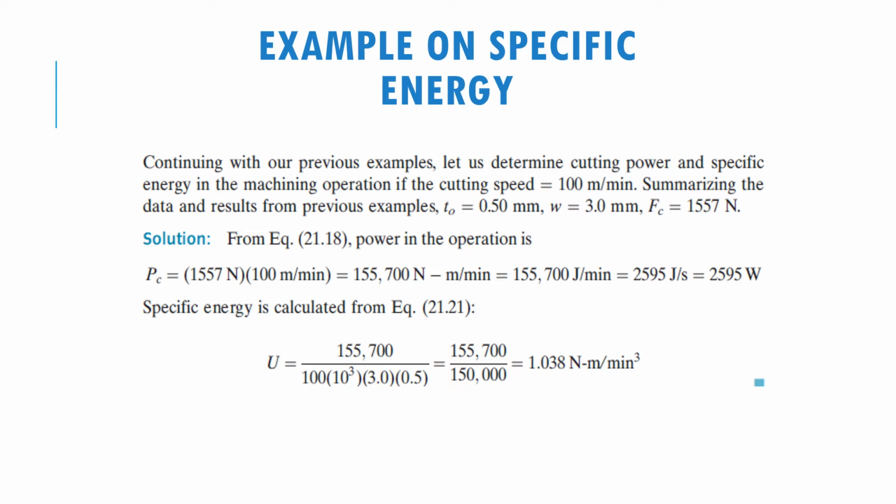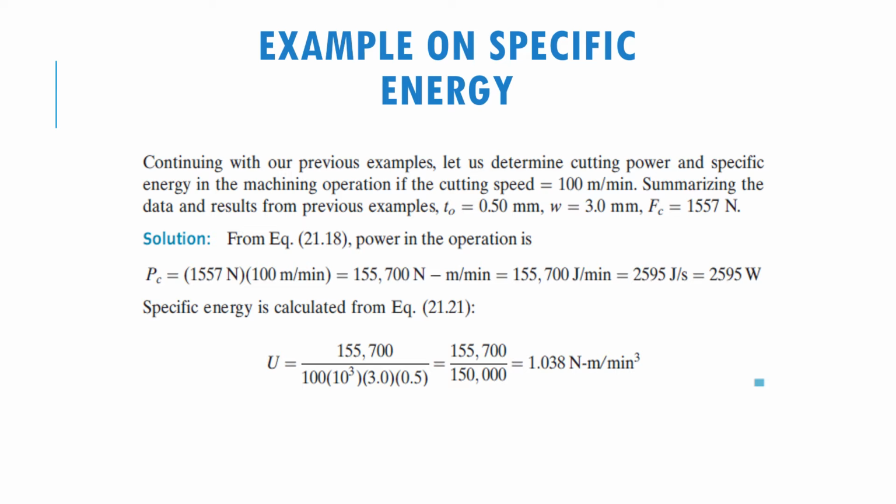From this, you will be able to calculate the PC. PC is FC times V, right? F is already given and V is also already given. So you will get the PC value in terms of Newton meter per minute.